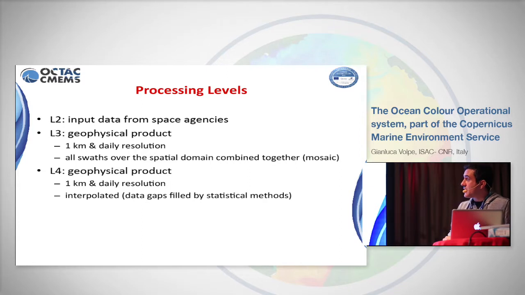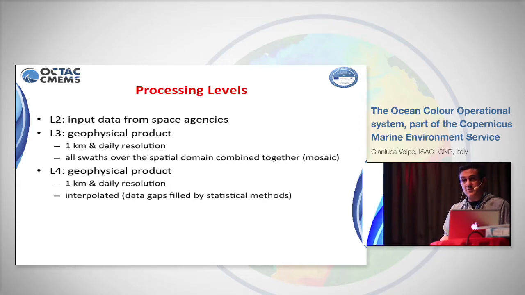We generally have the level 2, which is the input data from the space agencies, and the level 3 and level 4, which are the output of the processing chains. They're both geophysical products. In our case, they have 1 kilometer and daily resolution for both types of levels. The level 3 is, let's say, only about the combination of all the satellite sensors, while the level 4 has to do with gap filling. So yes, we use interpolation.